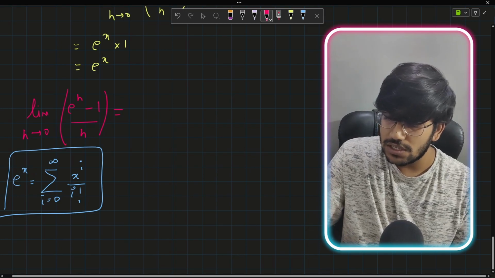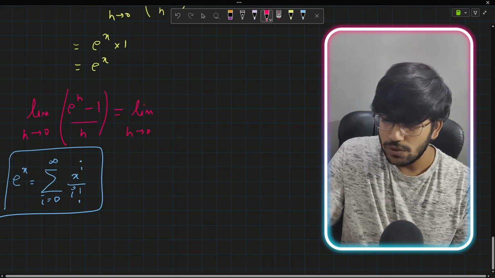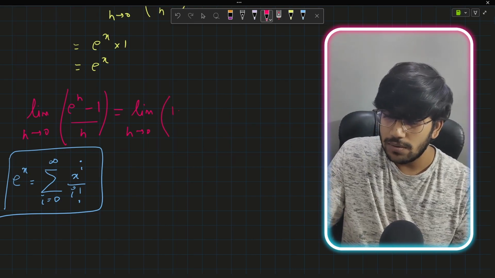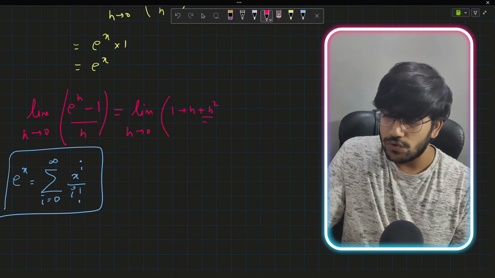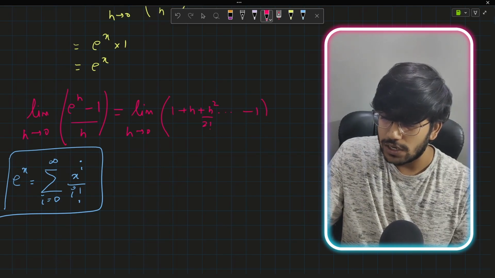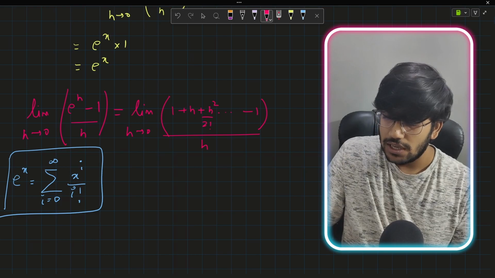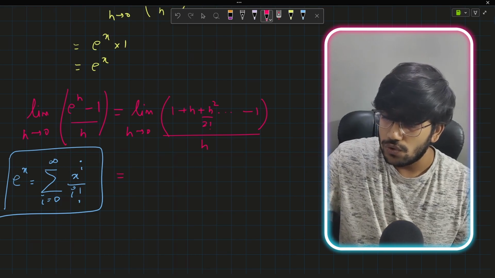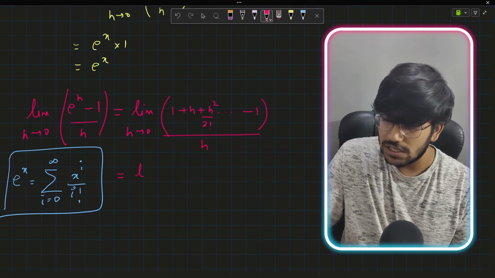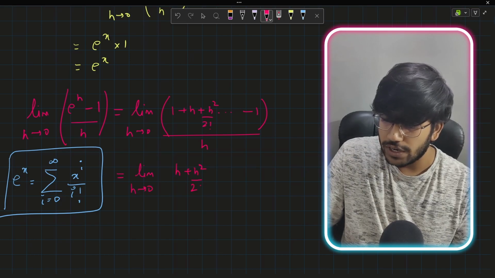So what this gives us is limit h goes to 0, and I can write e to the power h as 1 plus h plus h square over 2 factorial dot dot dot infinite terms, and in the end I would get a minus 1 over h. Before that we can just cancel out these two ones. So what remains is limit h goes to 0, h plus h square over 2 factorial plus h cube over 3 factorial dot dot dot over h.